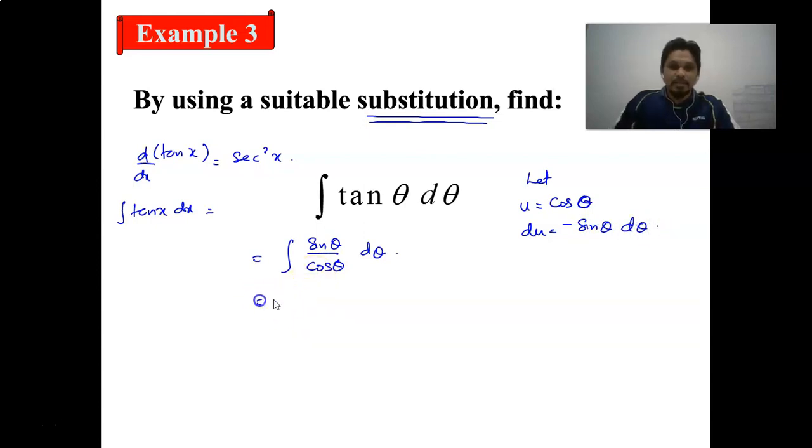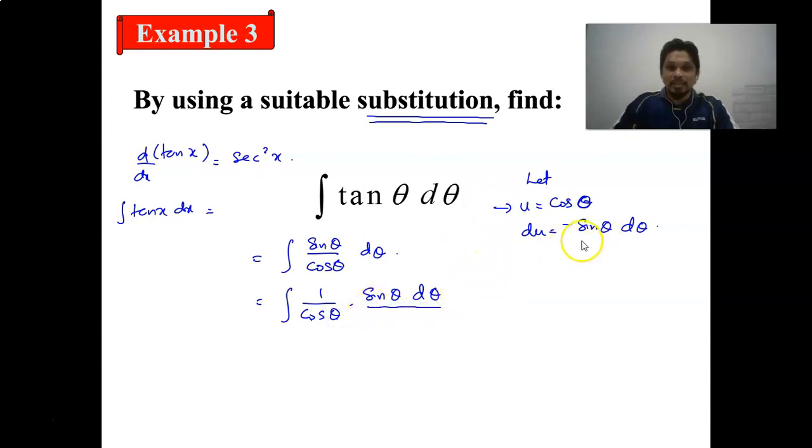Okay, so most of the time, my method or my style for this kind of question is to write this as 1 over cos theta, and then shift sine theta a little bit to the front, sine theta d theta. The reason is that we can see clearly it is 1 over cos theta, where cos theta equal to u, and sine theta d theta.